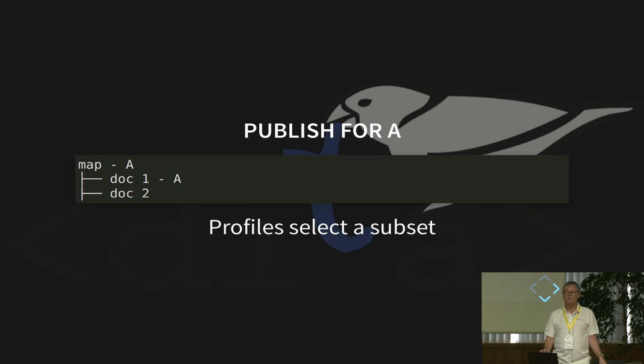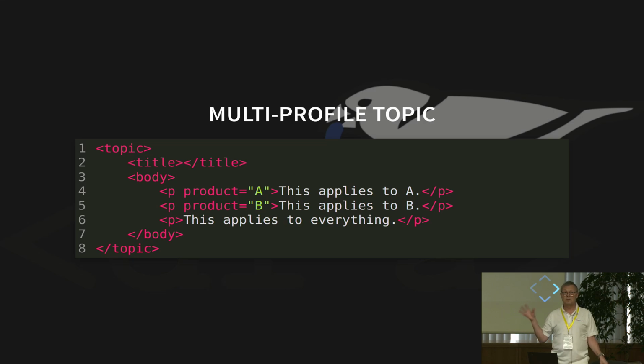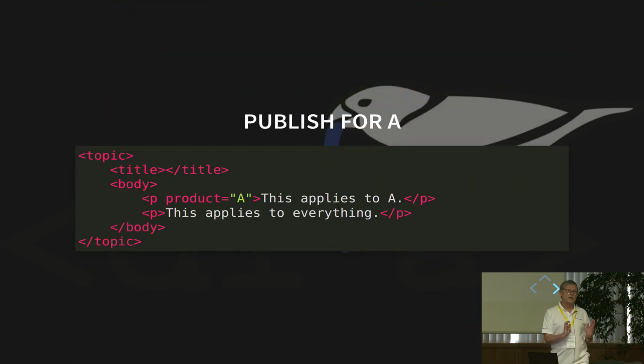They select a profile, some perspective of that total map. But we can profile anything, not just the topics themselves. We can go inside a topic. We can say that this paragraph applies to A, this applies to B, and this applies to everything. And when we publish that in context A for product A, this is what we get. Again, we exclude something that is not important for this context.